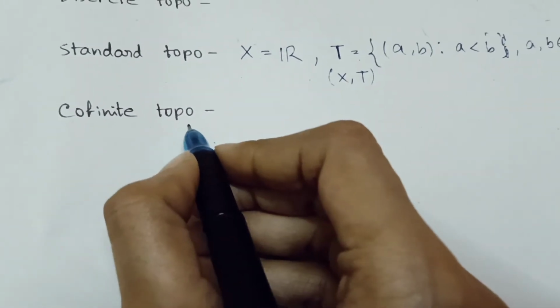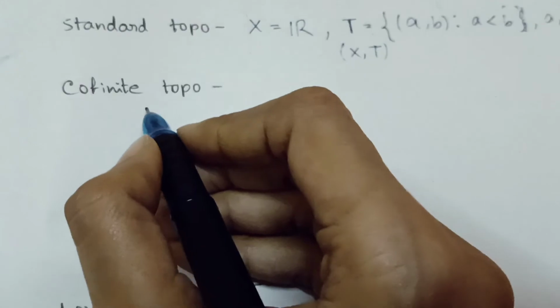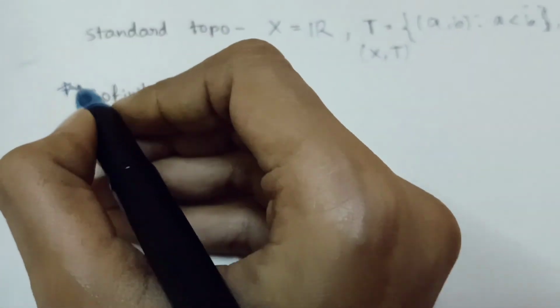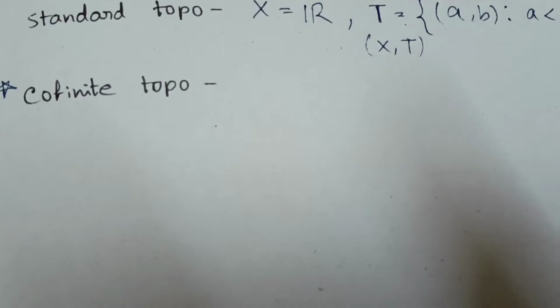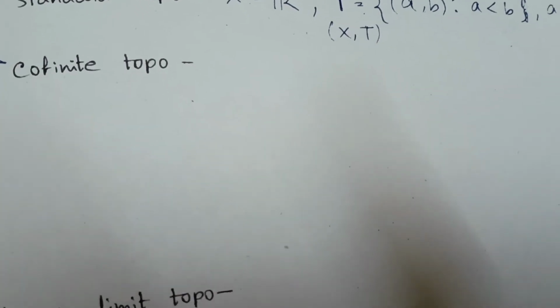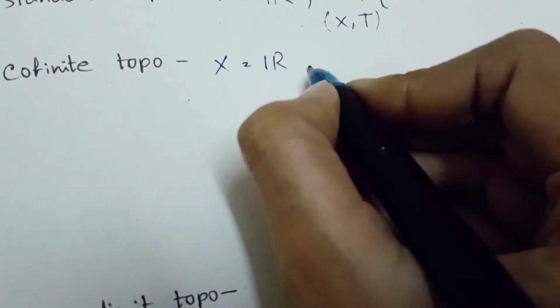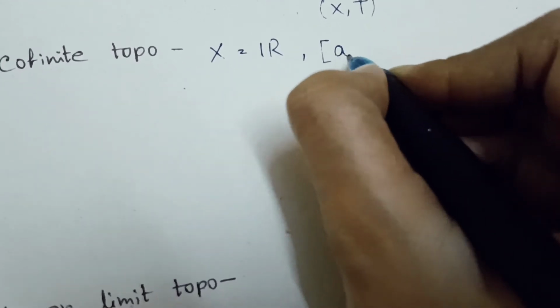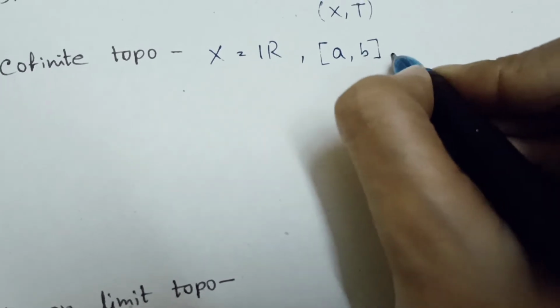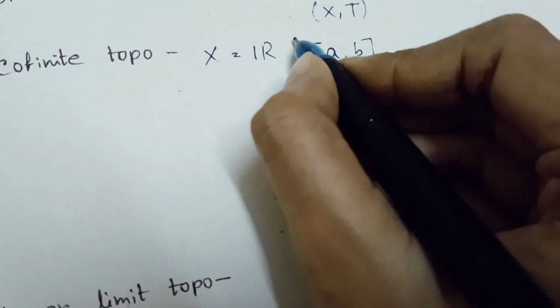What about the cofinite topology? Now this one is a very important example. For this topology, we can take X equal to R, or X equal to some closed interval [a, b] or some open interval (a, b) whatsoever.